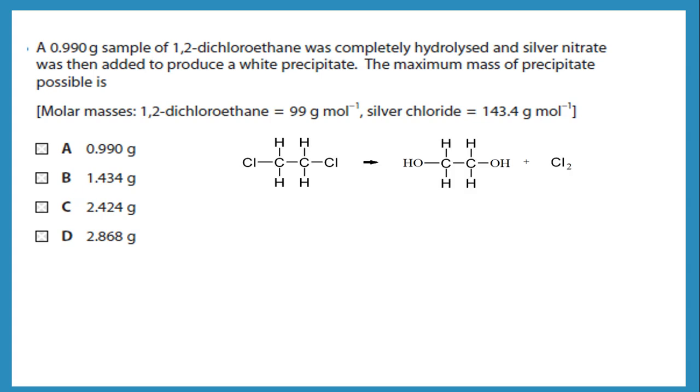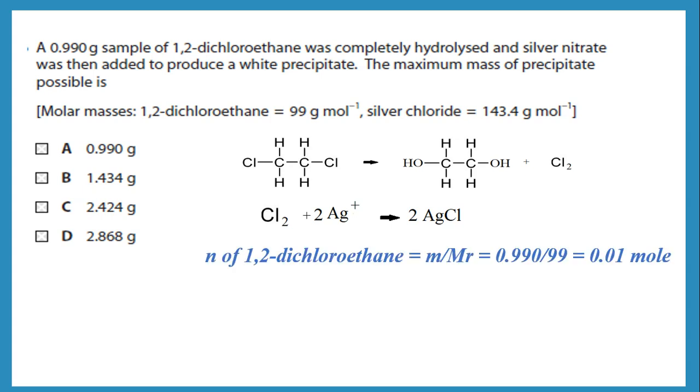If you remember from the organic, if I have 1,2-dichloroethane and we add silver nitrate, that gives a precipitate of silver chloride, because the chlorine reacts with the silver ions. So if we have a certain mass of 1,2-dichloroethane, I can get the number of moles, mass over molecular mass.